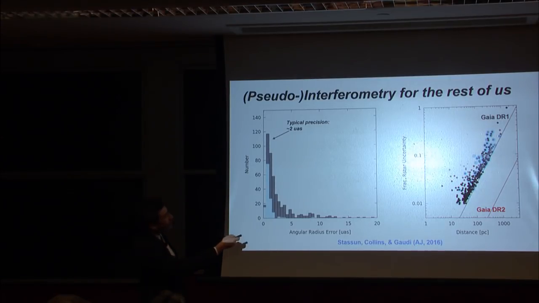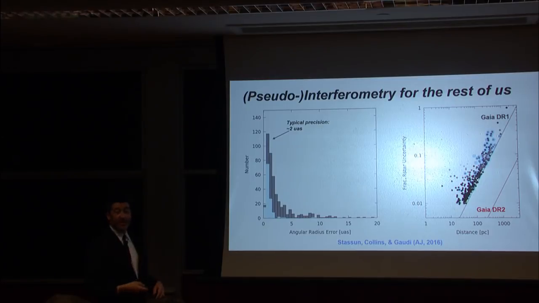And now you bring in the Gaia parallax, and for the nearby stars, where the parallaxes are best, you end up with a formal precision on the radius, the physical radius of the star, of 1 or 2%. And the limiting factor in these cases is the uncertainty on the temperature.